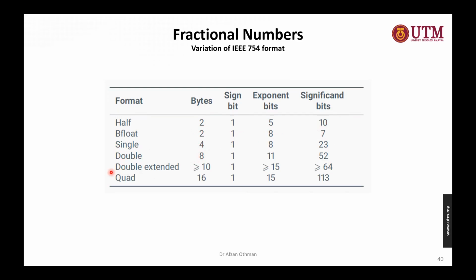Apart from that, we have the double extended, which is 10 bytes or more; if you have 10 bytes, it will be equivalent to 128 bits, if not mistaken. Then we have the quad, which is a total of 16 bytes. This is the total of sign bits, exponent bits, as well as the significand bits.